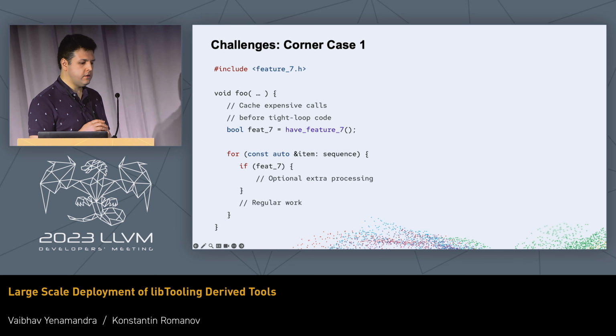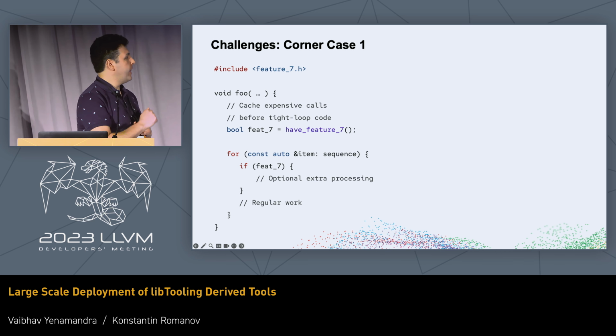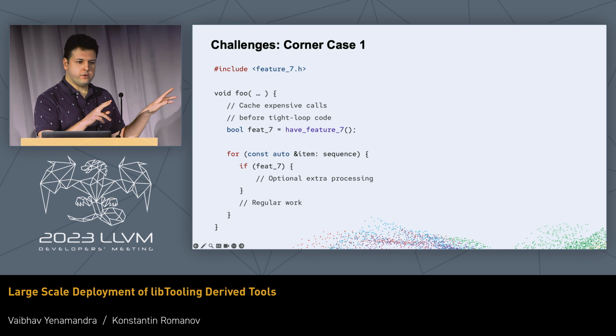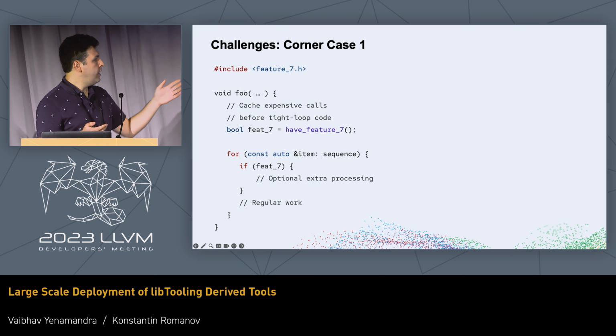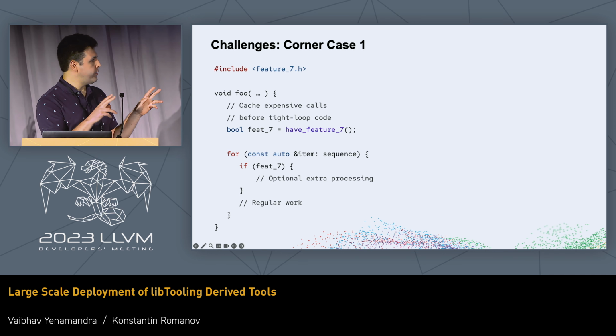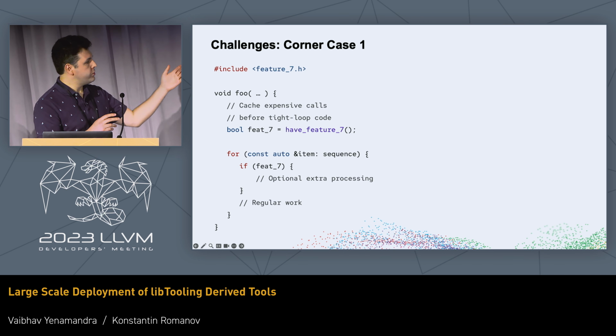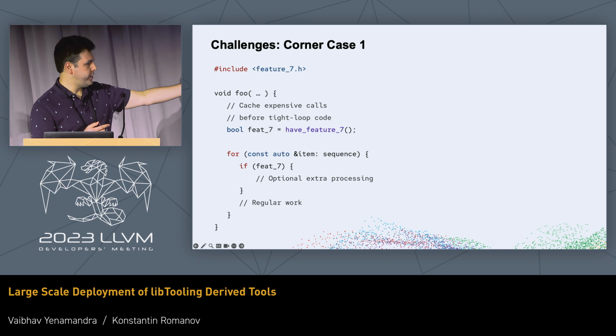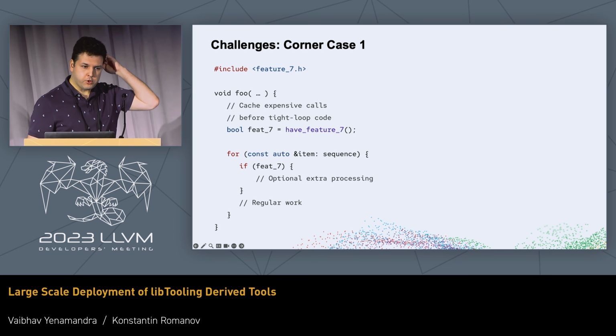Another corner case is a nice idiom where you cache the feature, but unfortunately, if you just replace the accessor with true or false, you will not change the if statement. So we need some constant propagation.